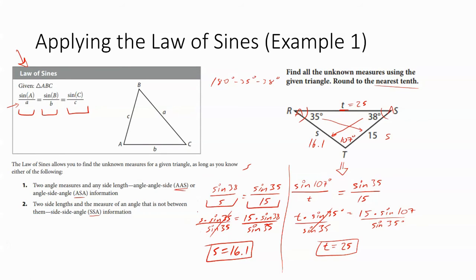In this case, it's really just saying this angle divided by that side should be equal to this angle divided by that side, or that angle divided by this side should have the same ratio. So knowing that, it helps you find the missing pieces.